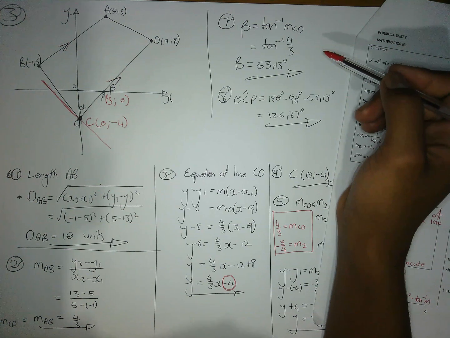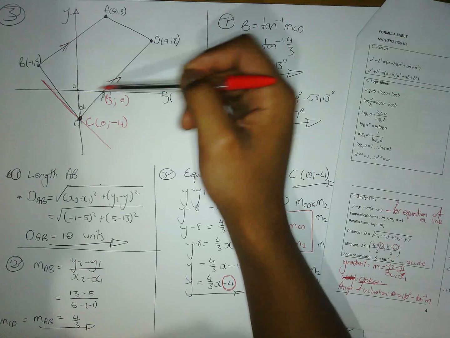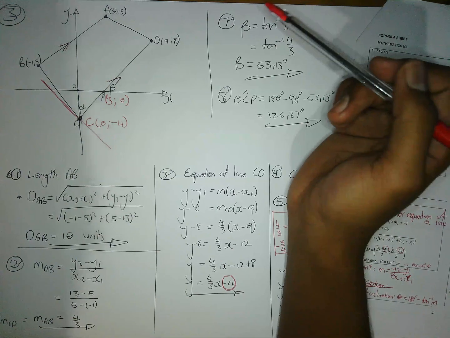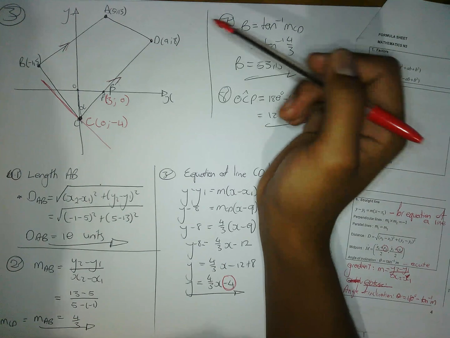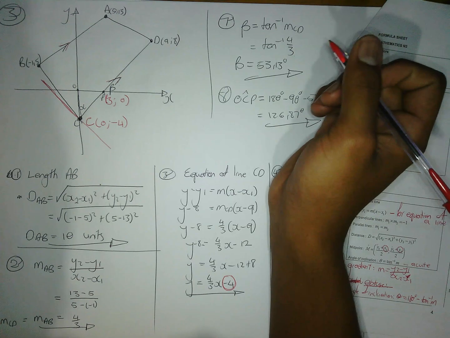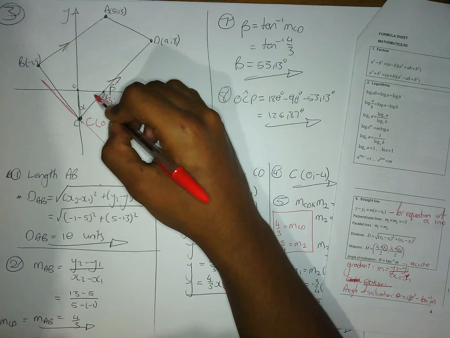The last question is saying, determine the size of the angle OCP, which is this alpha over here. In the previous question, we had a similar question where we had the angle here and the opposite angle here.